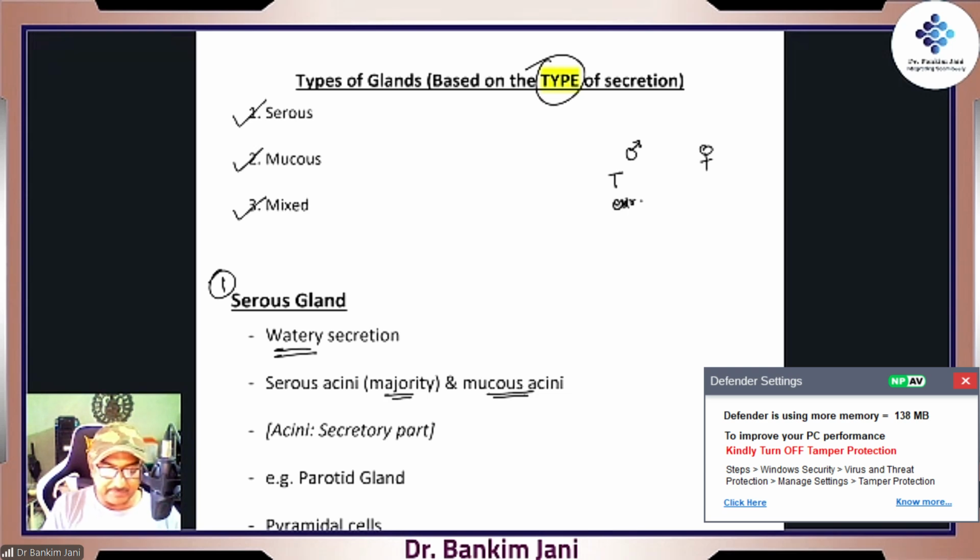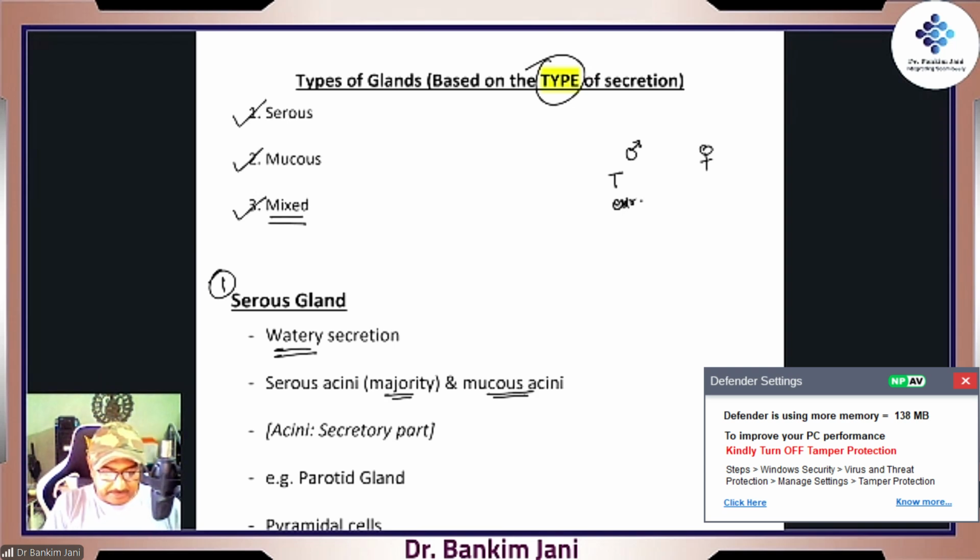Exactly the same way, when we are talking about a serous gland, it is not so that it will have only serous acini. Acini means that component which is secreting. There would be some mucus acini. Similarly, in a mucus gland, most of the acini will be mucus, but there will be a few serous acini. And when we're talking about the mixed, the proportion is almost the same.